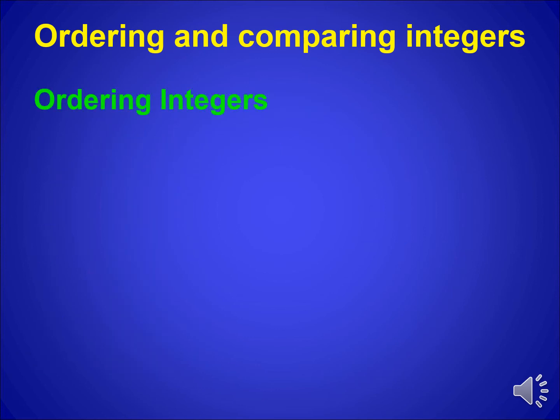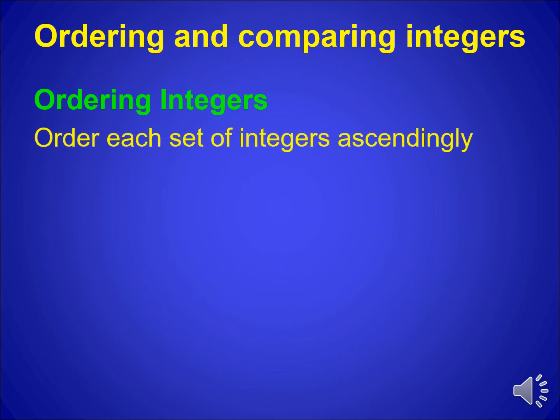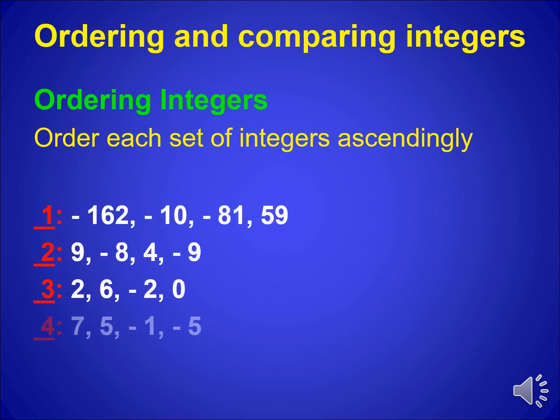Ordering integers. Order each set of integers ascendingly. For example, number 1, I have negative 162, negative 10, negative 81, and 59. I need to order these integers in ascending order. So I'm looking for the smallest number.